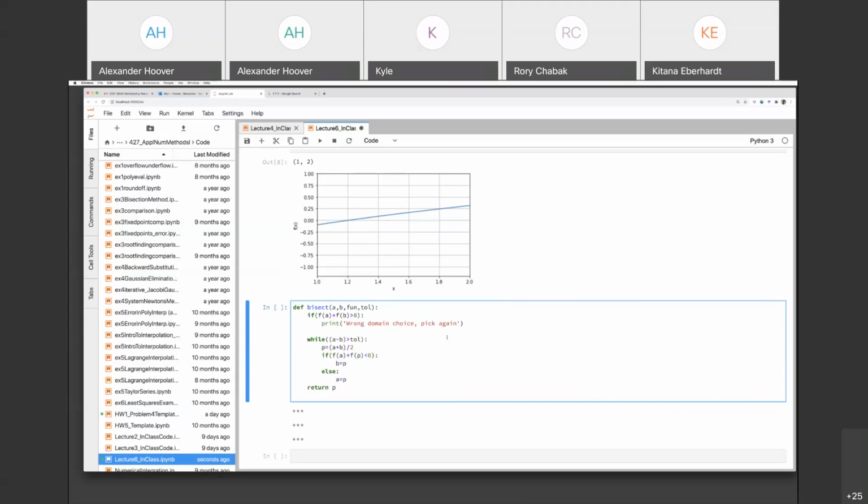All right. So let's try with the function that we have. Let's say x is our root, and we're going to do bisect of 0 to 2, our function f1.